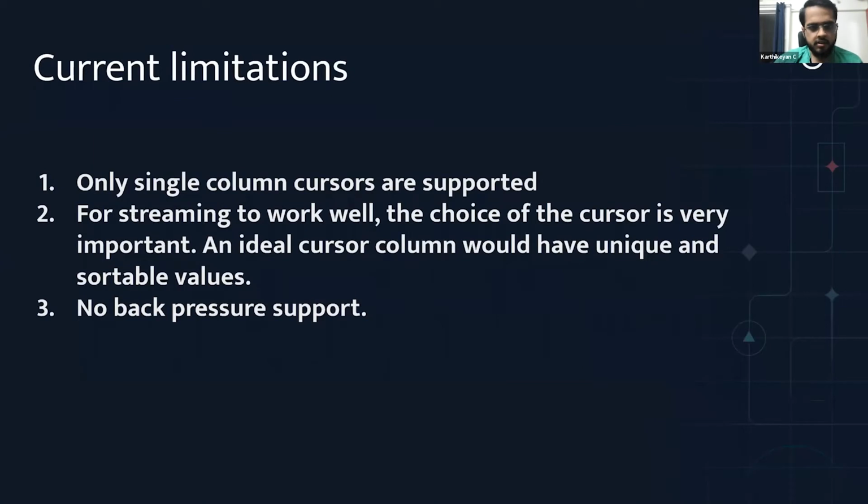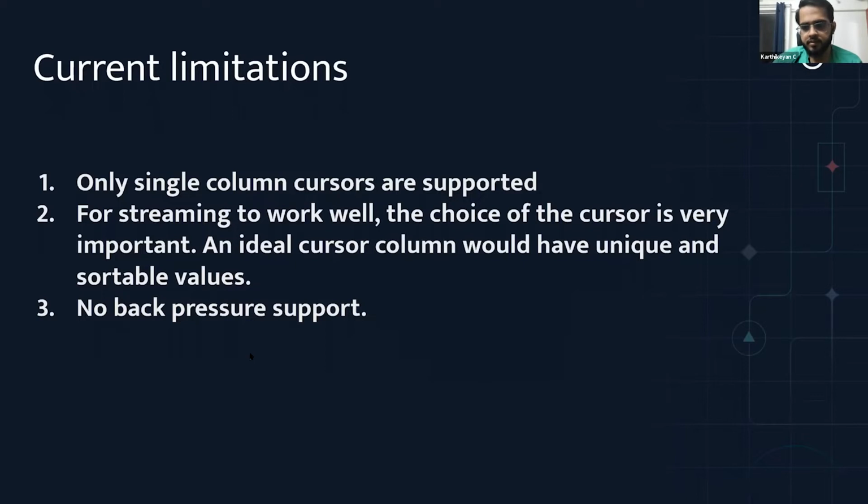So there are also some limitations for now. Currently only a single column cursor is supported, and for streaming to work well, the choice of the cursor is very important to get optimum results. An ideal cursor column should have unique and sortable values. And currently there's no back pressure support.